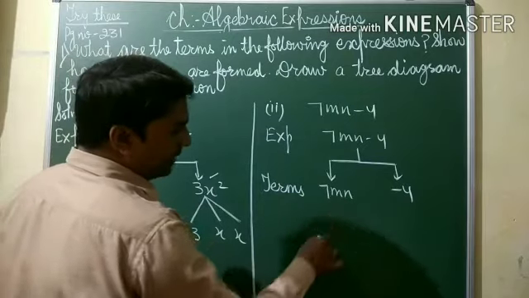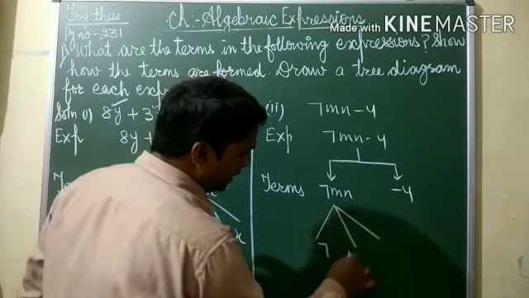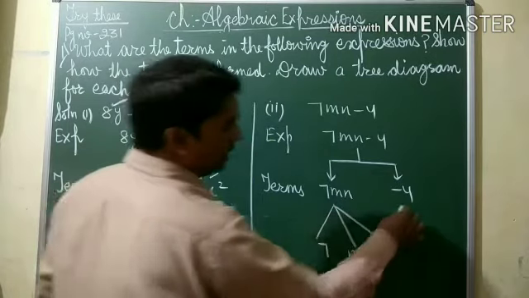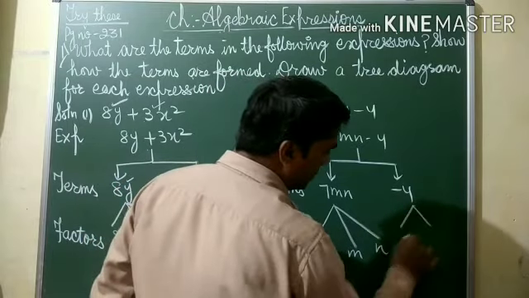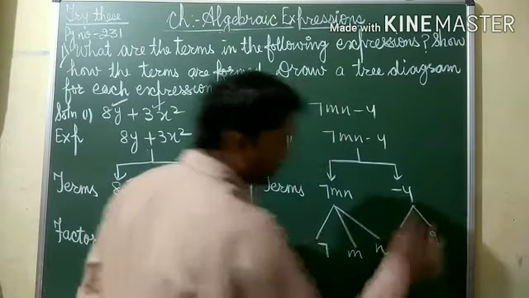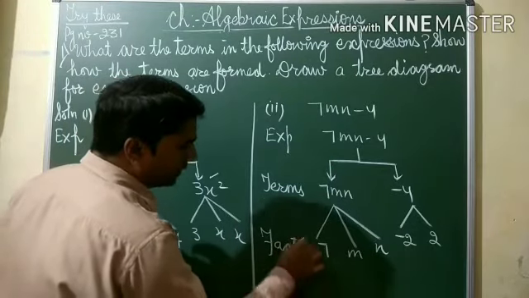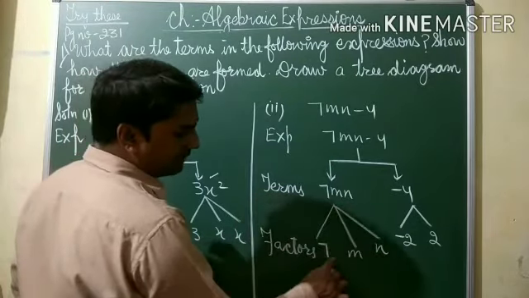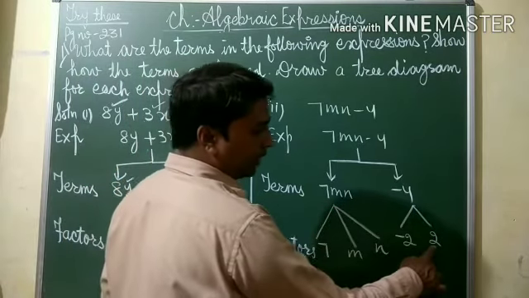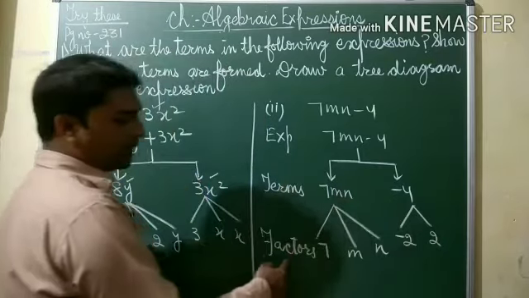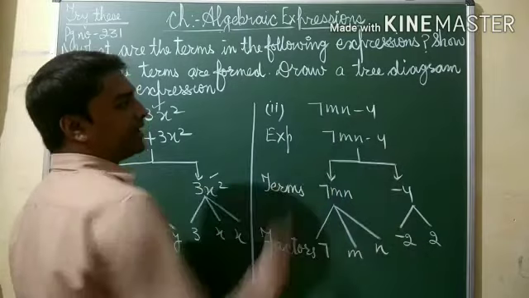Since 7mn can be factorized as 7, m and n, and minus 4 can be further factorized as minus 2 and 2. So the factors of the terms are 7, m and n, and minus 2 and 2. So this is the required tree diagram to represent the expression 7mn minus 4.